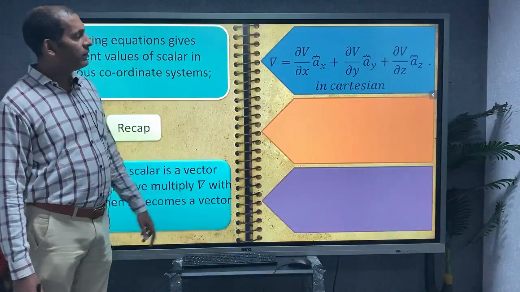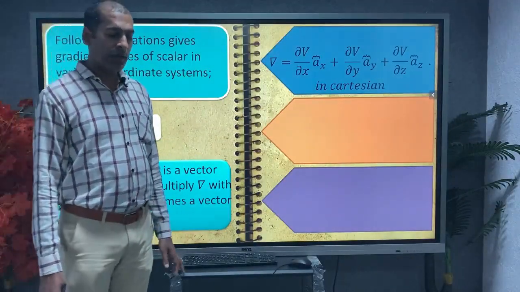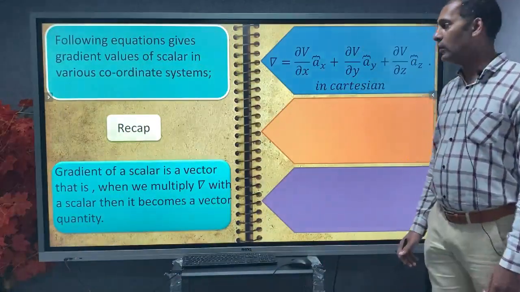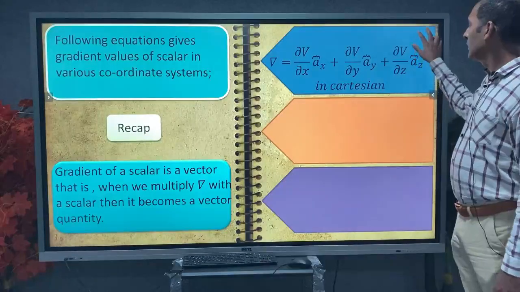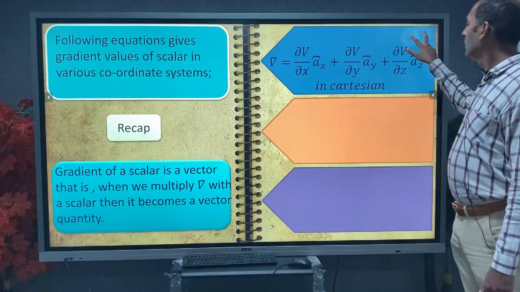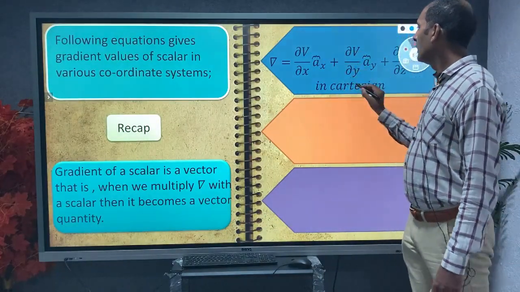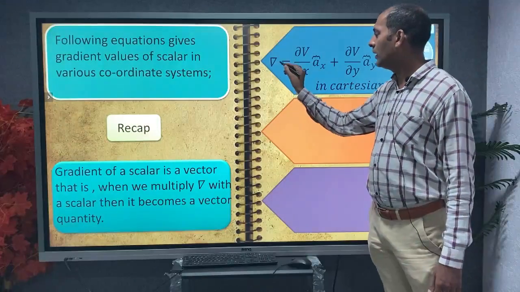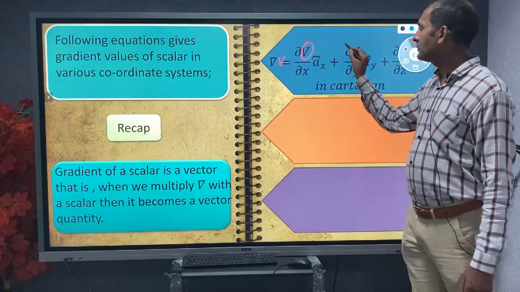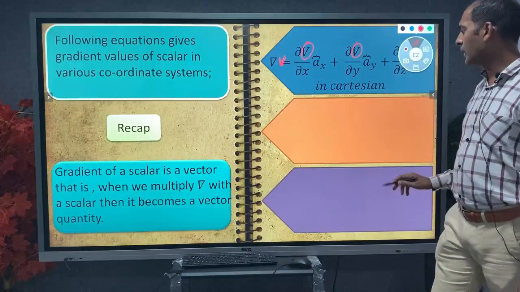Now if we recap, the first equation is for Cartesian. Cartesian is very simple to remember: dou by dou x ax cap plus dou by dou y ay cap plus dou by dou z az cap. So now if we write V here, if V is any quantity, here we have to write del V. So this term in 3 dimensions should be multiplied here.